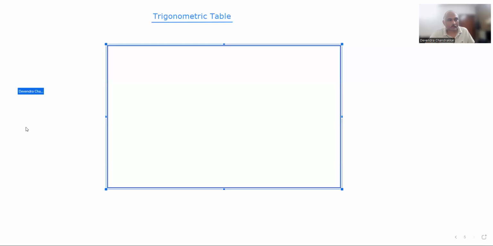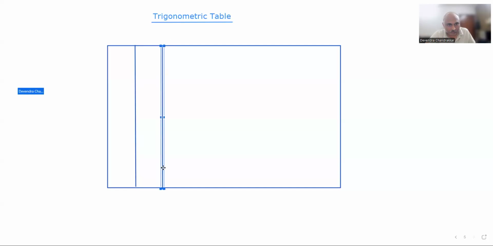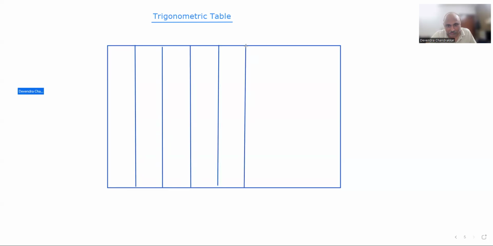So I'm drawing this table. Please pay attention, all of you. You can draw the table with me. This thing you need to memorize, okay? I'll tell you the technique also how to memorize it.